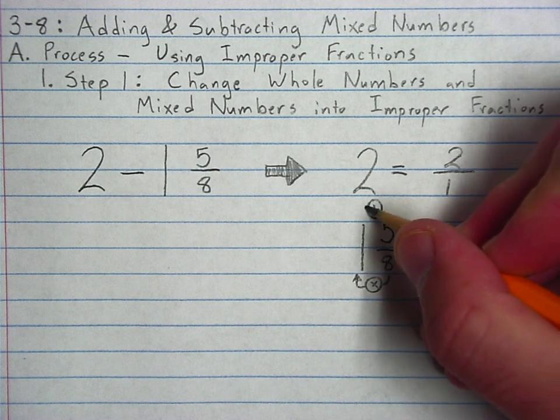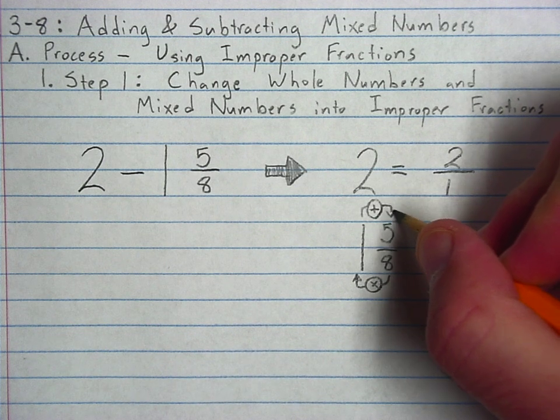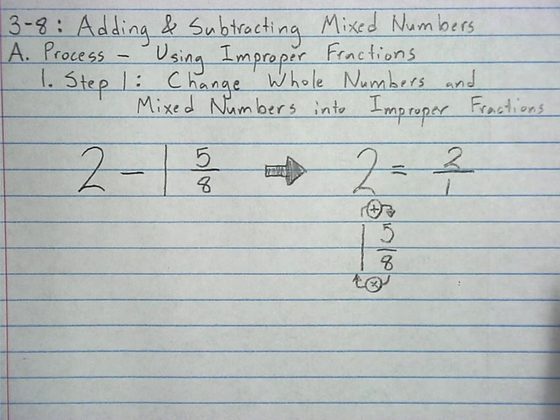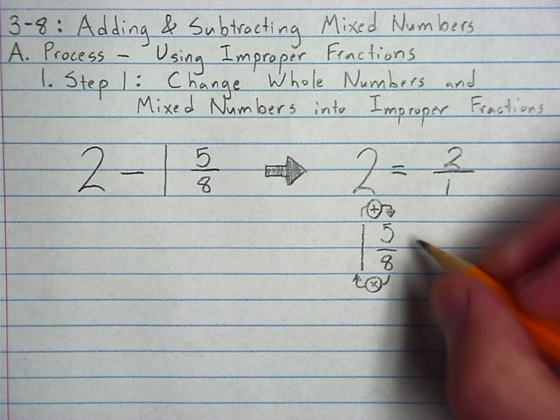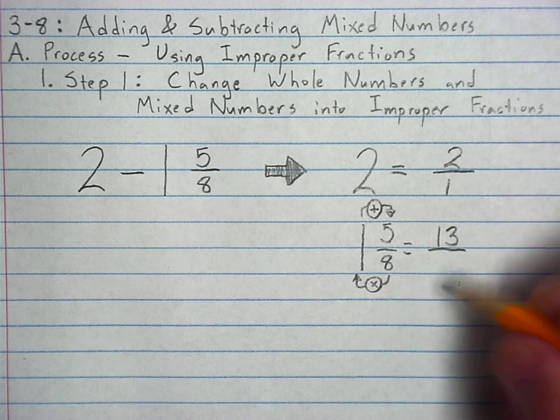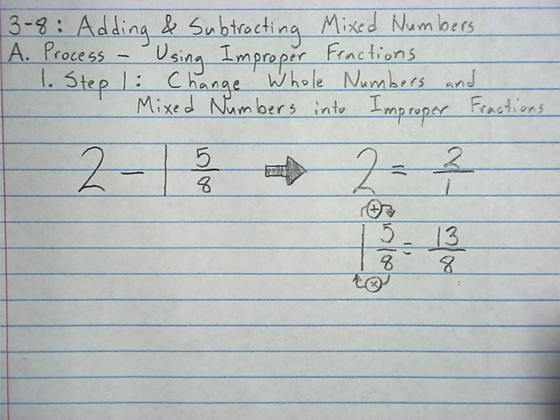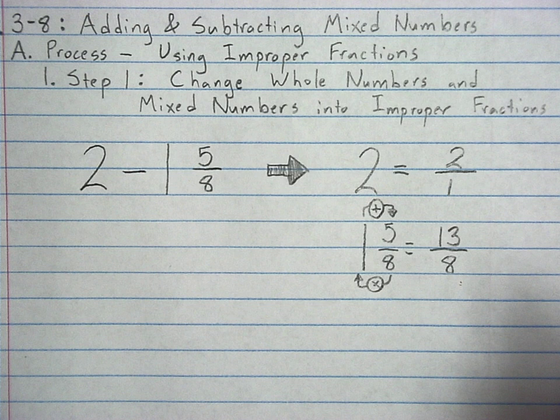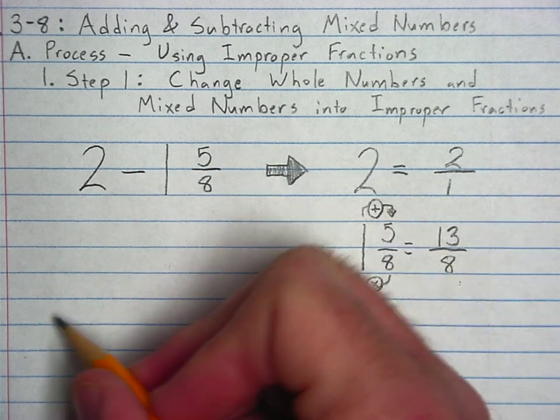Then I will add across the top. I'm going to add those 8 pieces plus 5 more eighths. So my total will be 13 eighths. Now I have 2 fractions that we've been practicing, that you know how to work with.